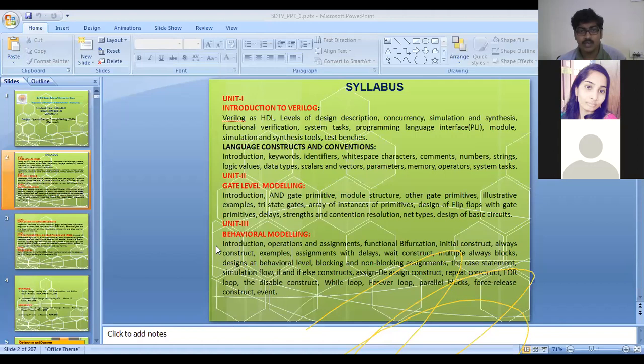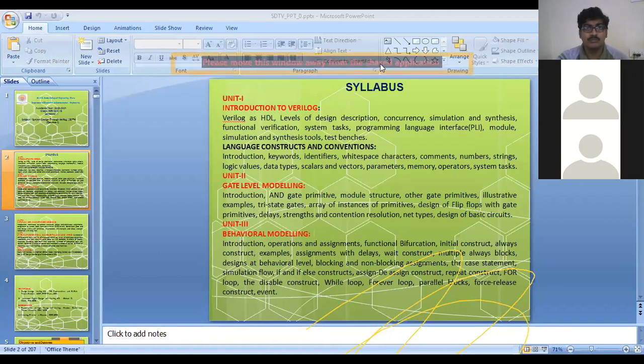We can also have multiple always blocks, and we can have simulation flow, if and if-else constructs, assign and deassign constructs, repeat constructs, and for loop.